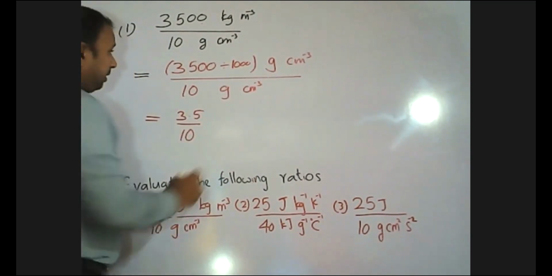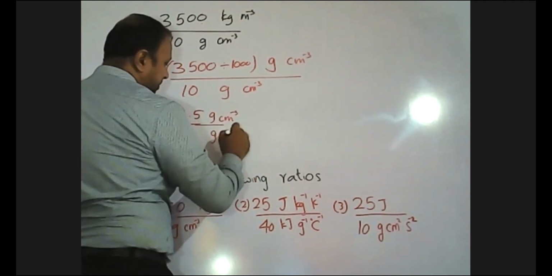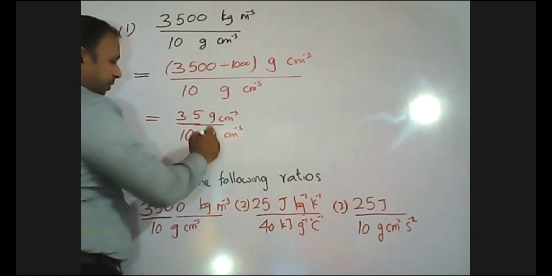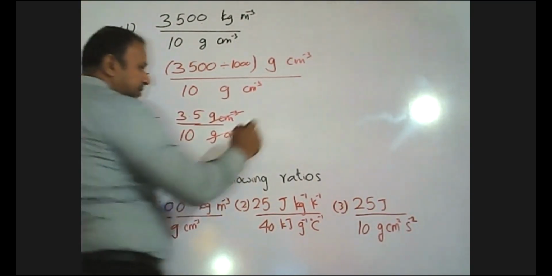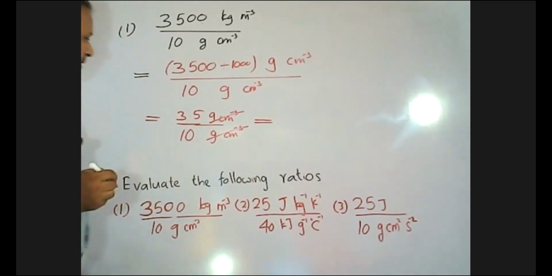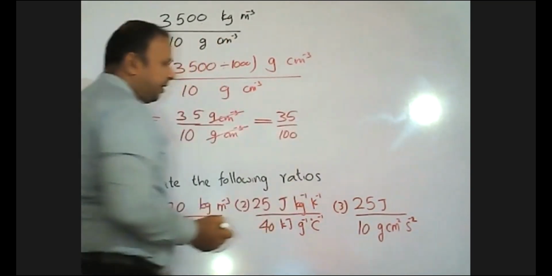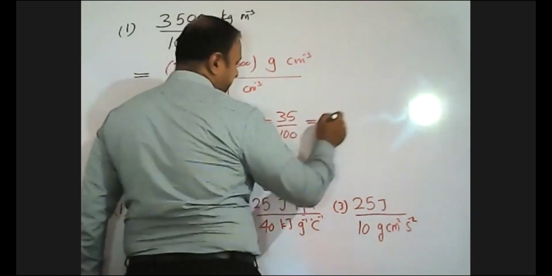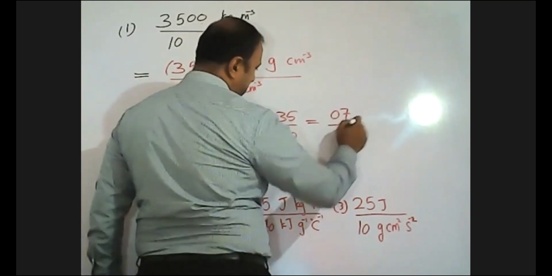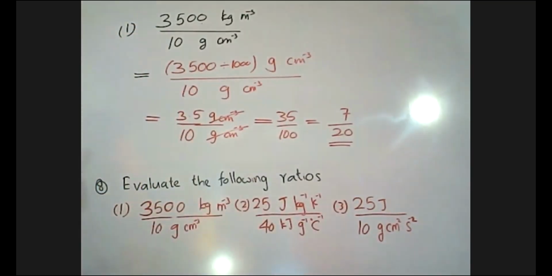The gram per cubic centimeter and gram per cubic centimeter will be cancelled out because both have the same units. Then my answer would be 35 over 100. You can simplify this by dividing by 5. So my simplified answer would be 7 over 20.